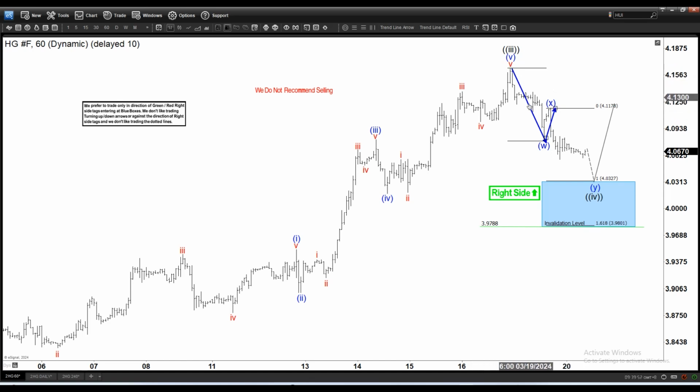This leg that ended, the subdivision doesn't look impulsive, so it looks like a 3 swing. Therefore, probability wise, most likely we should be looking for more upside, and this is going to be in the next potential support measured by 3 swings pullback.